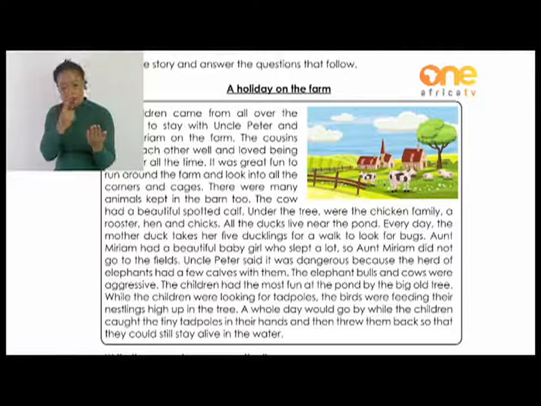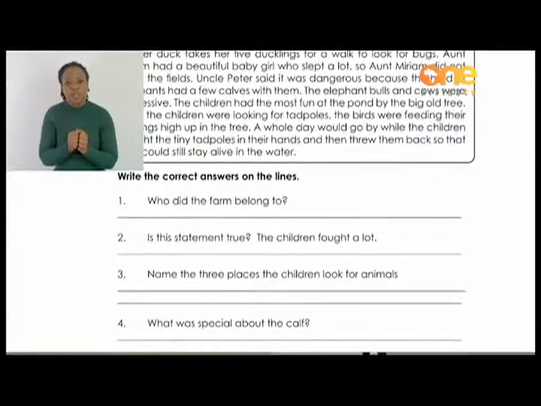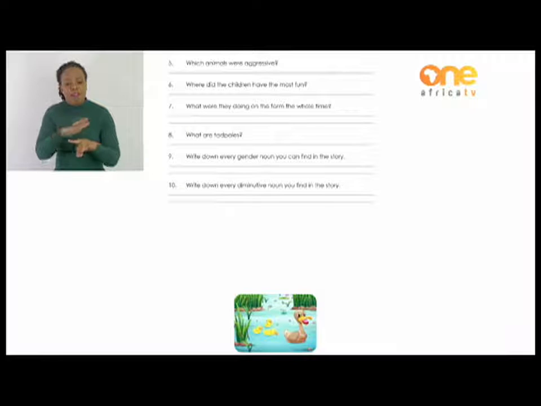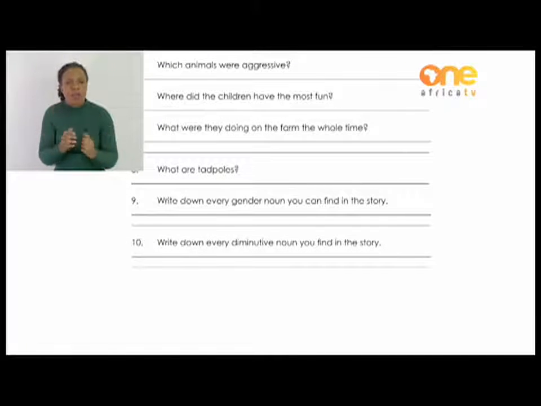I will read the questions. Number 1 is saying, who did the farm belong to? Is this statement true? The children fought a lot. Number 3, name the 3 places the children look for animals. What was special about the calf? Which animals were aggressive? Where did the children have the most fun? What were they doing on the farm the whole time?